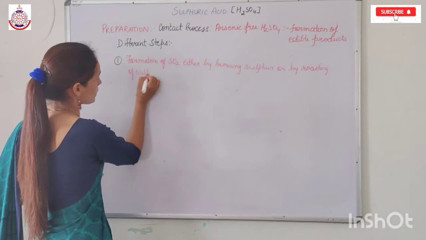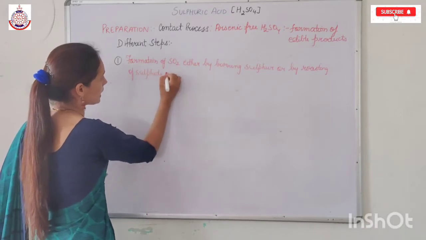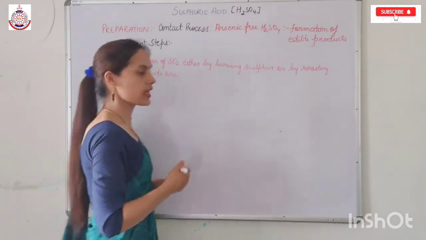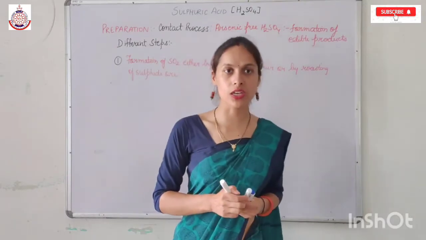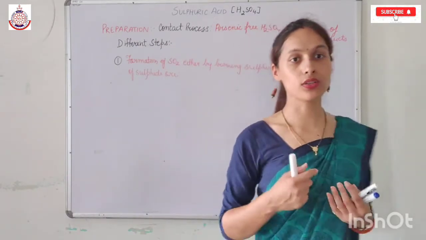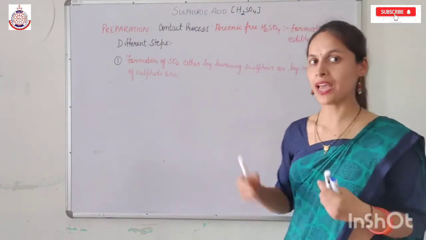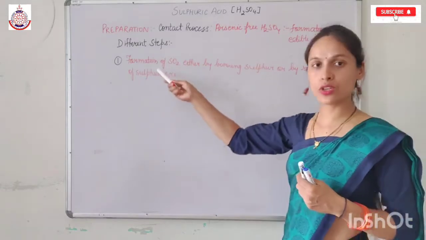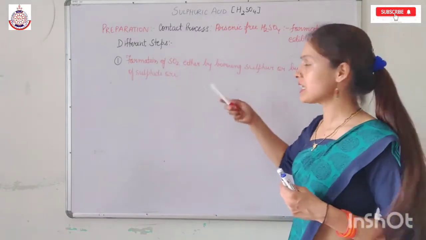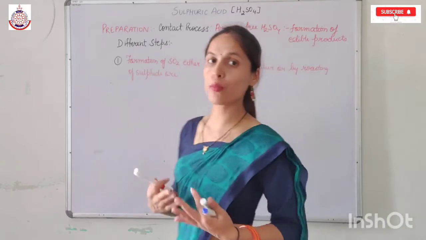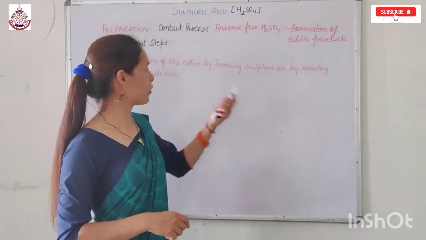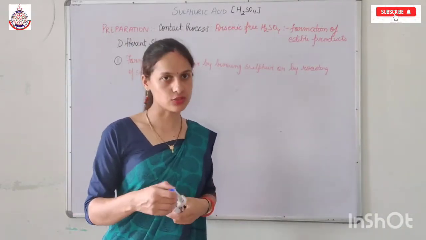Now, what is roasting? Roasting is the heating of the sulfide ore in the presence of oxygen to convert the sulfide ore into the oxide ore. So, we get SO2.